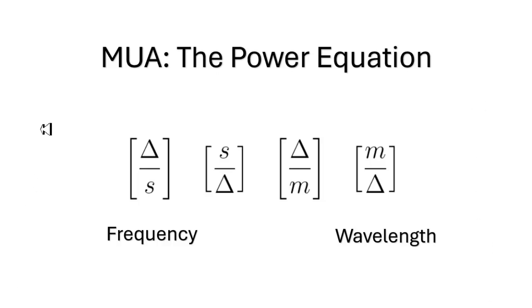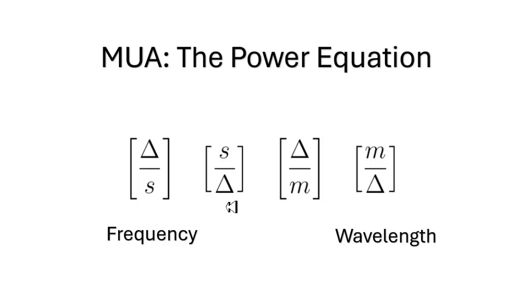So just as a quick review, in modified unit analysis, the units of frequency are cycles per second, and they're written like this. The cycle term, this little triangle, corresponds to the cycle term, and so the units of frequency are cycles per second, and the units of wavelength are meters per cycle.